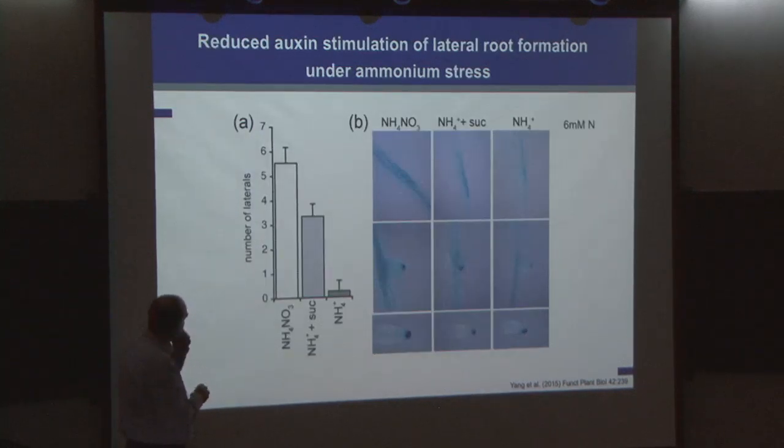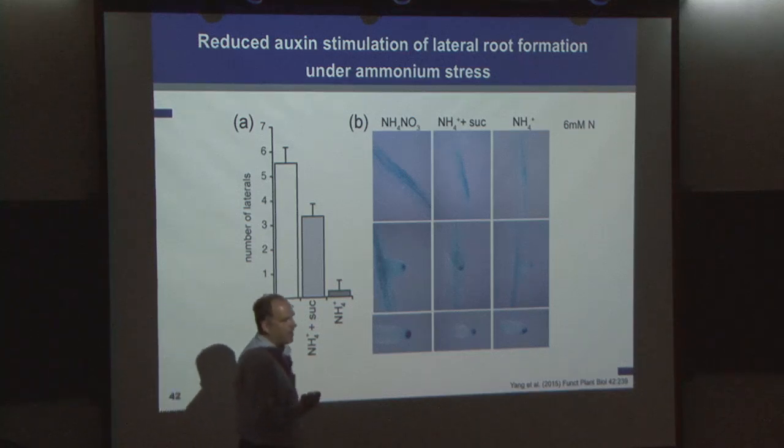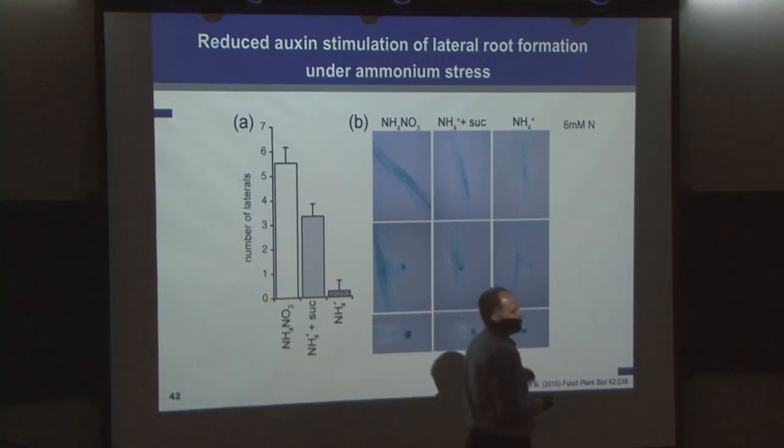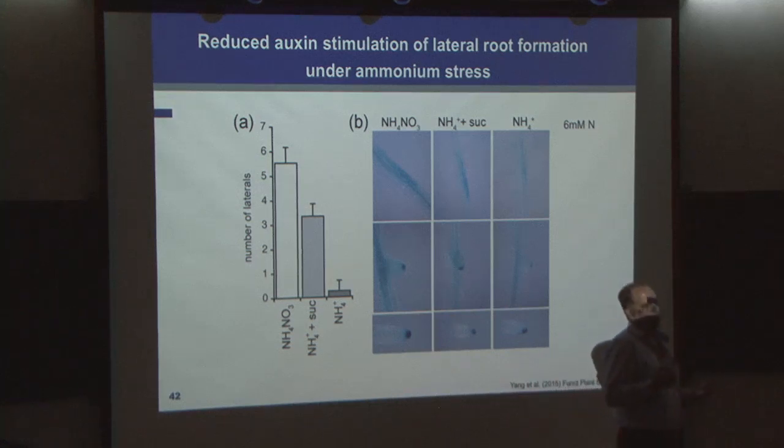When we look in the roots, we can stain roots of certain transgenic plants of Arabidopsis, which have a certain auxin-sensitive promoter fused to a reporter gene, and then we can get a blue color when this reporter is active.